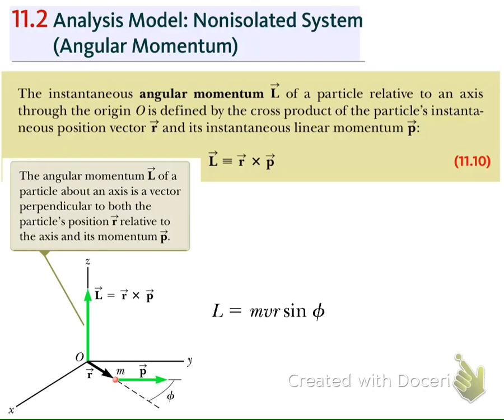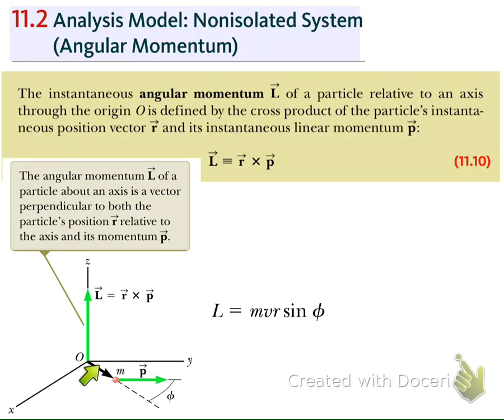If we have a particle, for example, this particle, which moves with the velocity v and has the momentum p, we will define the angular momentum of this particle around the point O, or we may say the angular momentum around the axis that passes through the point O.